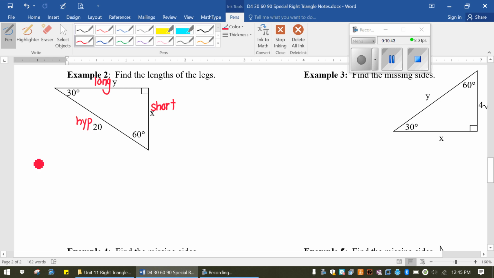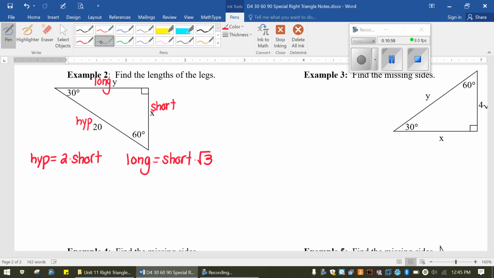So our formulas, hypotenuse is 2 times short, and the long leg is the short leg times square root of 3. All right, so in this example, we are given the hypotenuse. So we are given this piece, which means I'm going to have to find the short leg first.